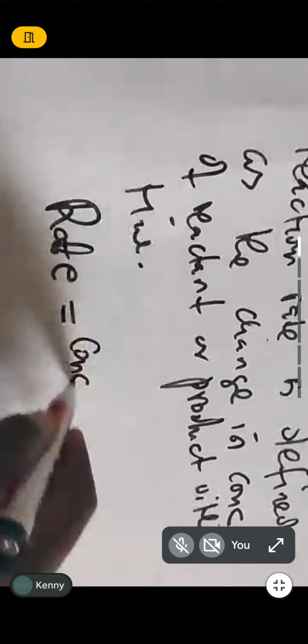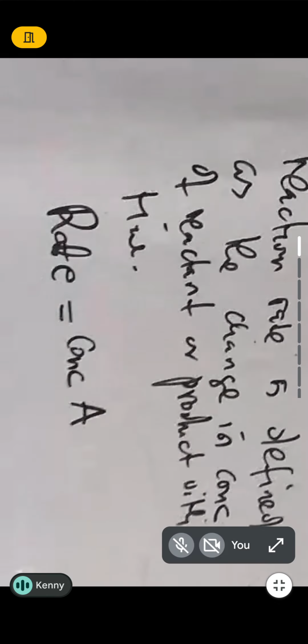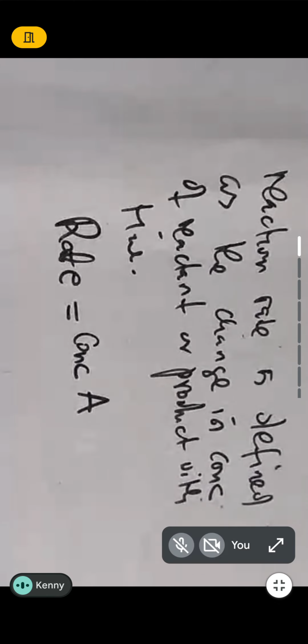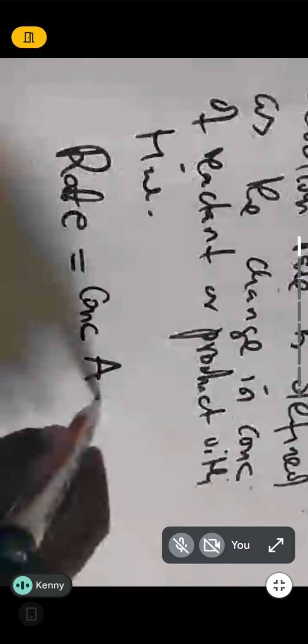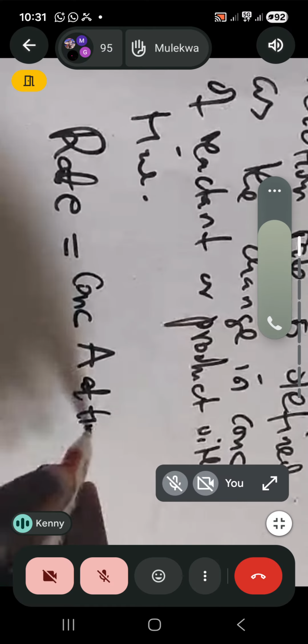So now rate is equal to concentration of A at time T2.